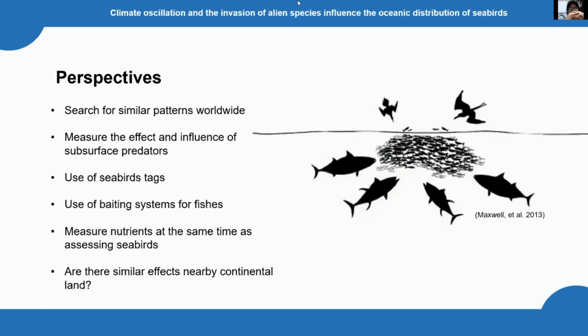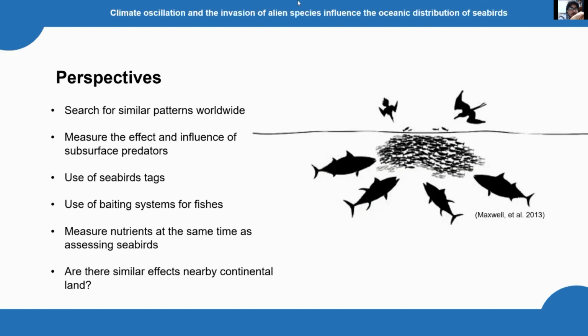What are our perspectives for the future? Well, first of all, we try to find similar patterns worldwide. Actually, we're trying to find out if this effect can be analyzed elsewhere. We also want to measure the effect and influence of subsurface predators.